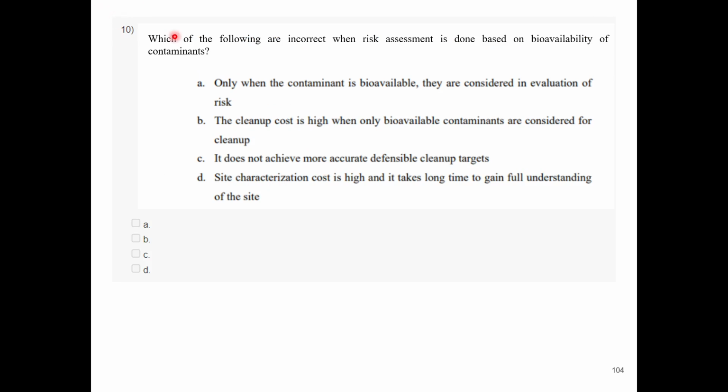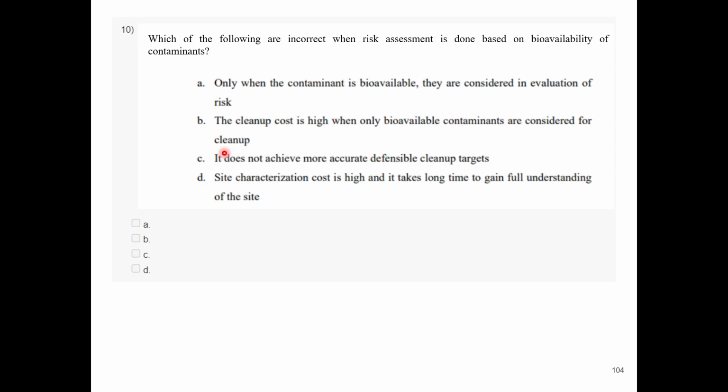And last question: which of the following are incorrect when risk assessment is done based on bioavailability of contaminants? A, only when the contaminant is bioavailable, they are considered in evaluation of risk. B, the cleanup cost is high when only bioavailable contaminants are considered for cleanup.